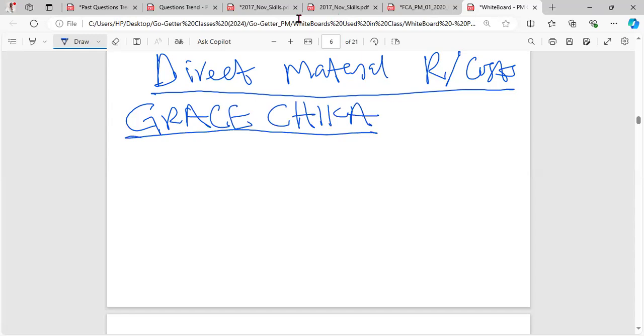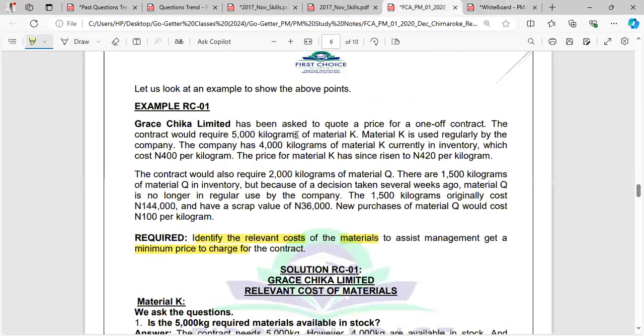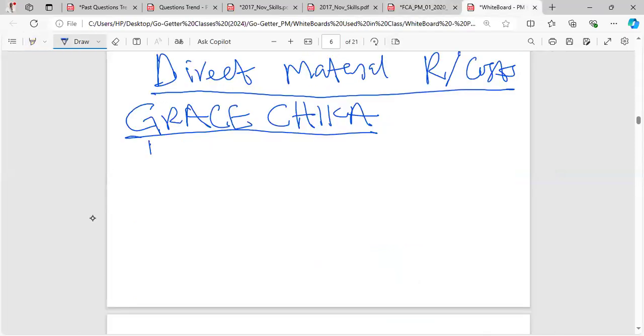All right. So let's see what we are asked to do here. Now they said Grace Chika has been asked to quote a price for a one-off contract. The contract would require 5,000 kilogram of material K. So we're looking at material K. Okay, material K is our focus here.